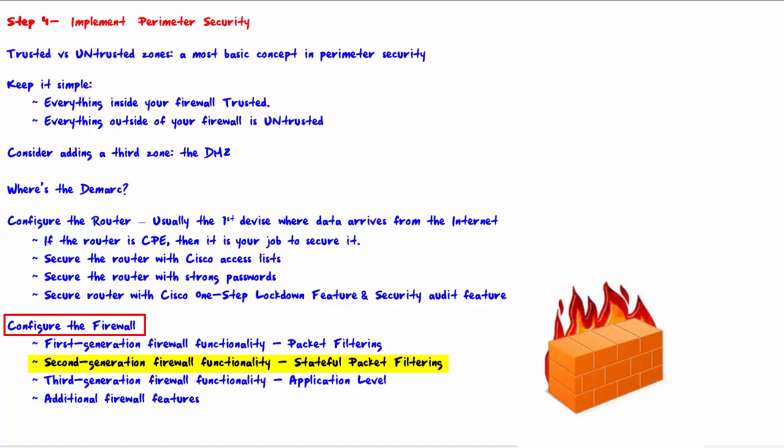But wait a minute. In order for the website to work properly, the firewall must pass traffic on your LAN to the website, which is trusted to untrusted, which is allowed, and also from the website to your LAN, which is untrusted to trusted, which is denied.